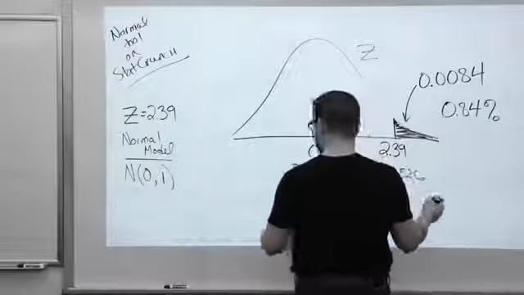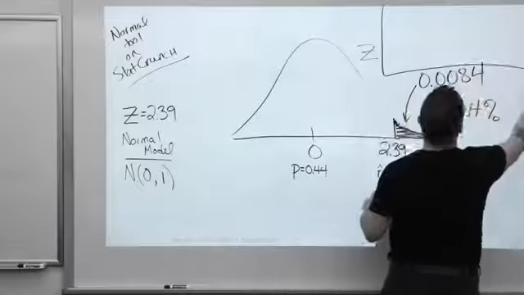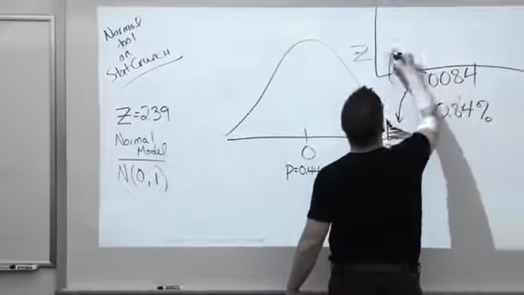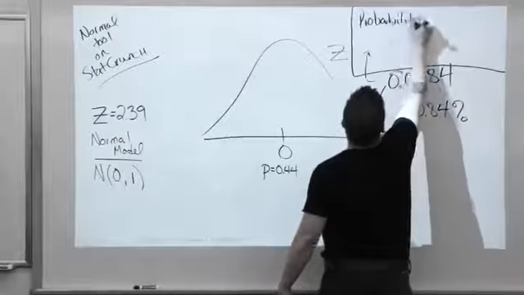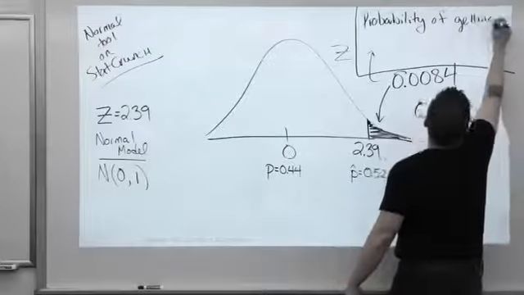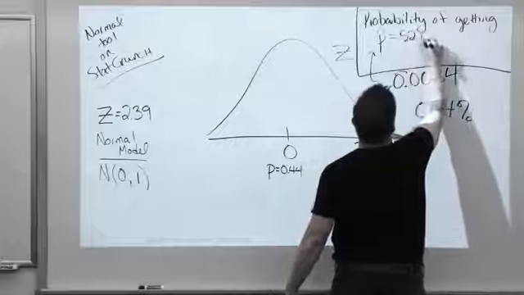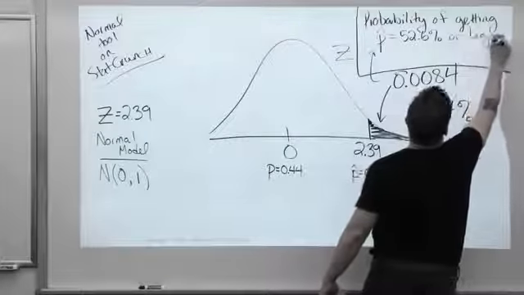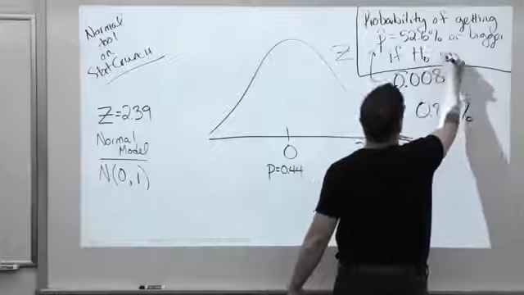If you want to think of it as a percentage, this is 0.84%. This is the probability of getting p-hat equal to 52.6% or bigger if the null is true.